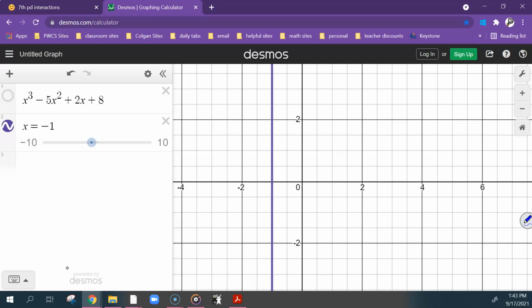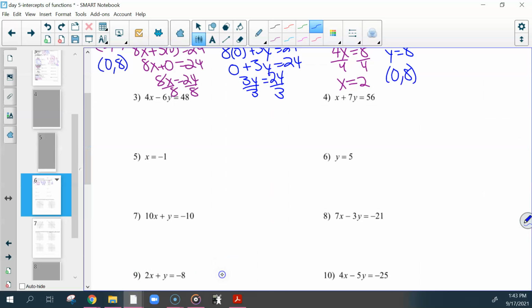But for our x-intercept, so this is our x-axis, we're going to cross the x-axis at -1. It's kind of like a trick question because it gives you that information already. You don't have to solve for it. So the x-intercept, and I'm going to draw that graph just so we have it, was here.